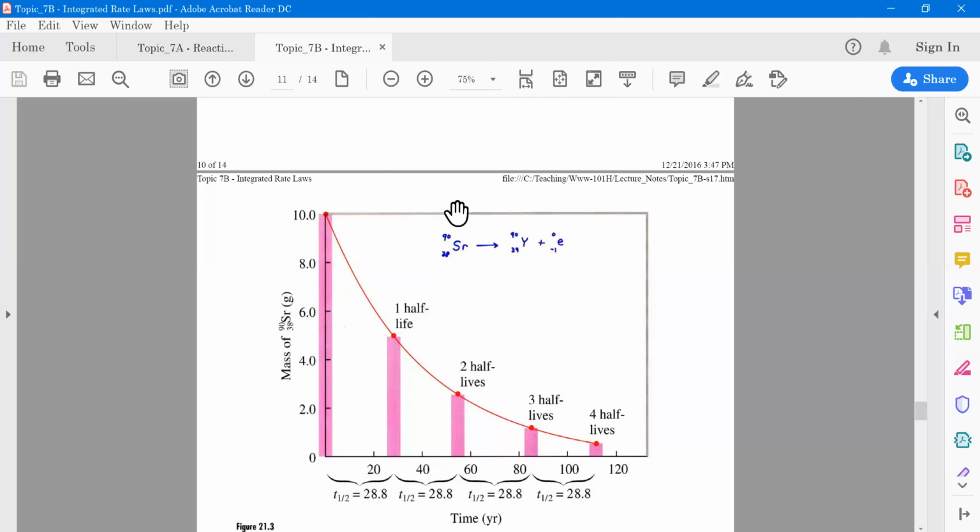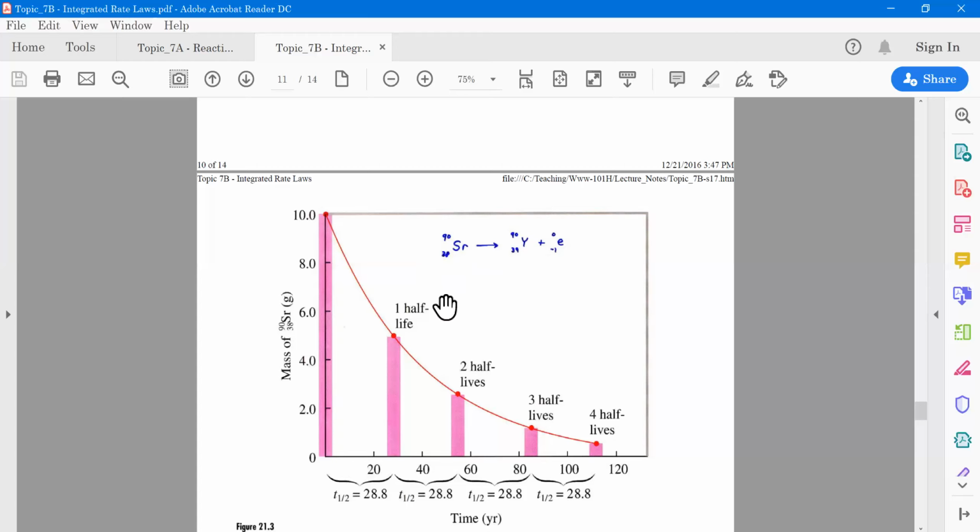Strontium-90 decomposes to give off an electron, which is called a beta particle, and because the atomic number is now one greater, 39, that makes it a different element. It is now yttrium. The atomic weight stays the same because the electron has essentially no atomic weight compared to protons and neutrons.